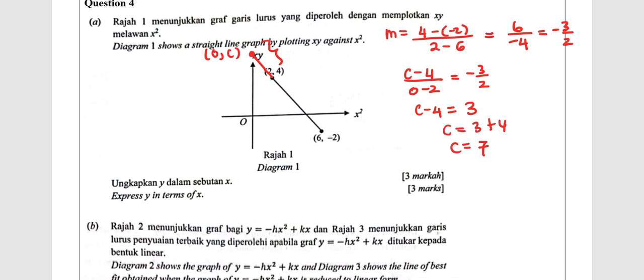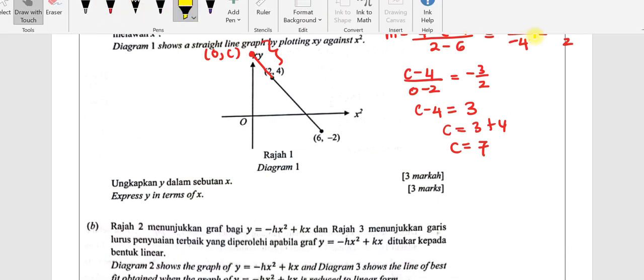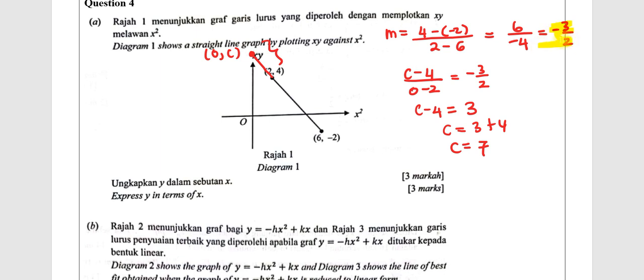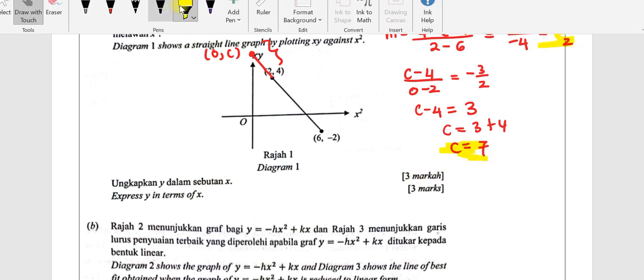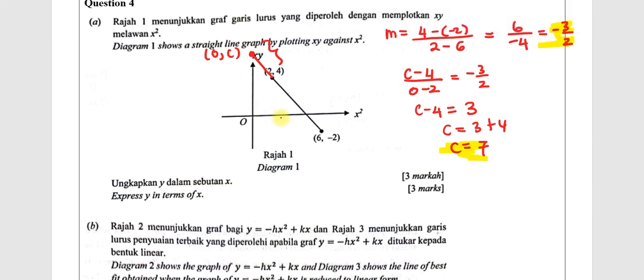So we already get our gradient and our y-intercept. Now arrange them in linear form first. What is your x-axis? x squared. Before that, I always have a practice to write this first: xy equals gradient negative 3 over 2, and your x-axis is x squared, plus your c, 7.